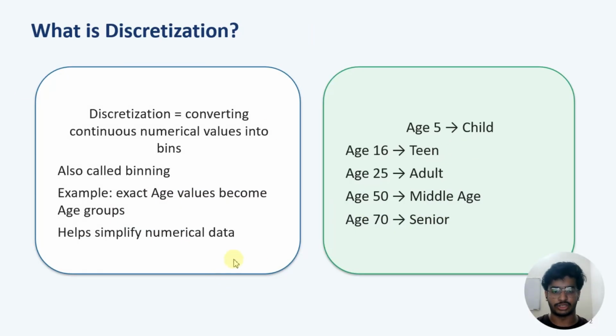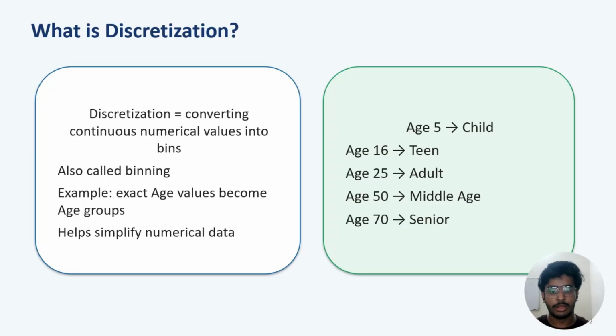What is discretization? First, let's understand the basic meaning of discretization. In machine learning, we often have continuous numerical values. We can take an example: we have ages like 5, 12, 22 in this order. These are exact continuous values. Now, instead of using exact values, we can divide them into groups.